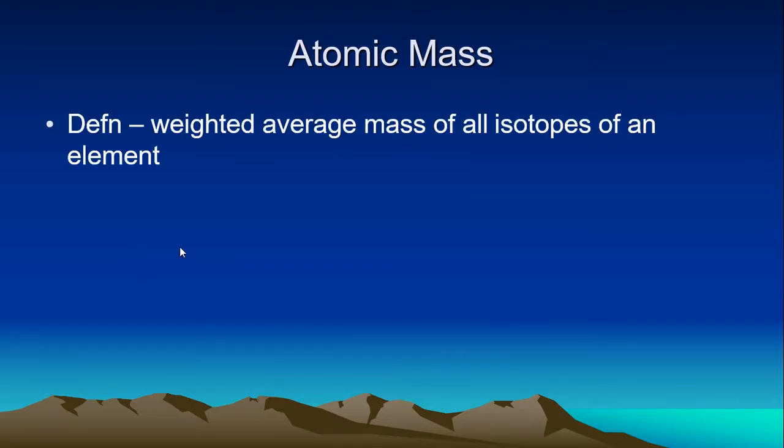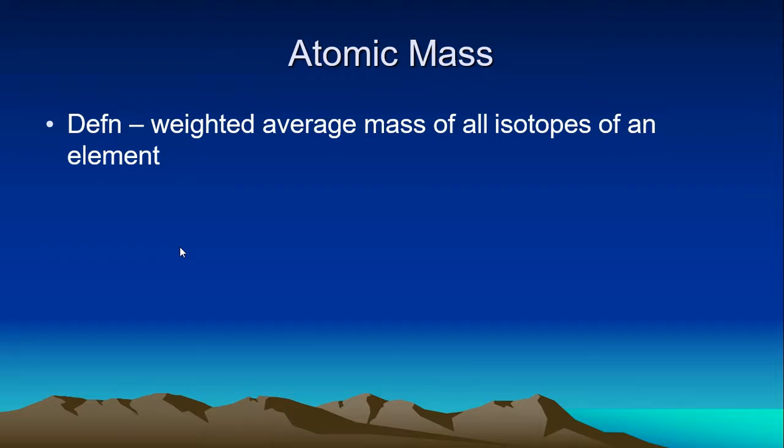Okay, so we're going to talk about atomic mass. Atomic mass is what's found on your periodic table. It is a weighted average of all the isotopes of an element. Remember I said that you could estimate the mass number off of the periodic table? That's not completely true.